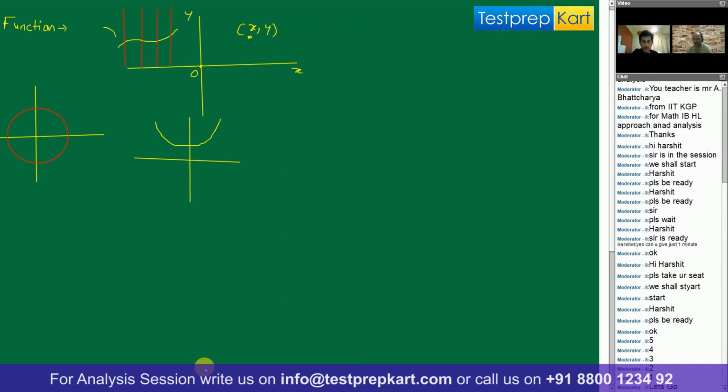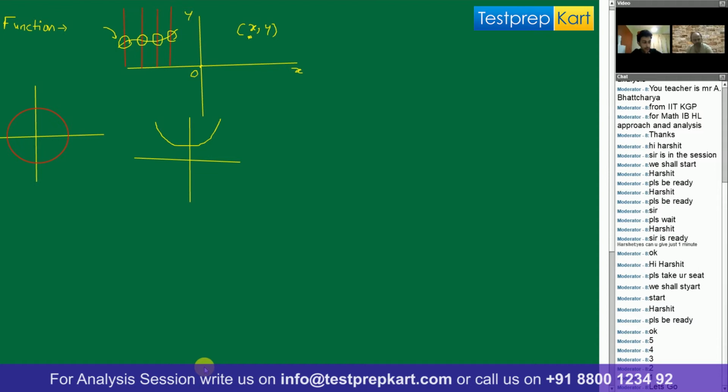This vertical line intersects this graph at 1 point. Very good. And what about this one? 1. So you can draw as many vertical lines as you can, and the point of intersection would be 1. So the vertical line test says the point of intersection equals 1.